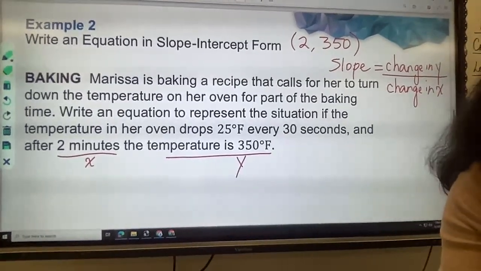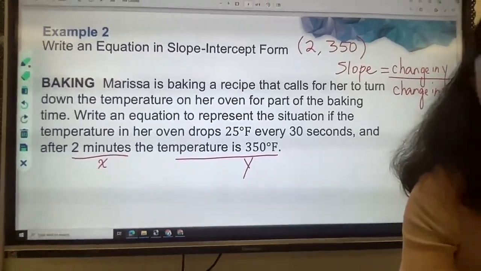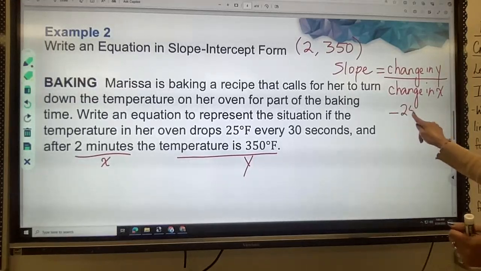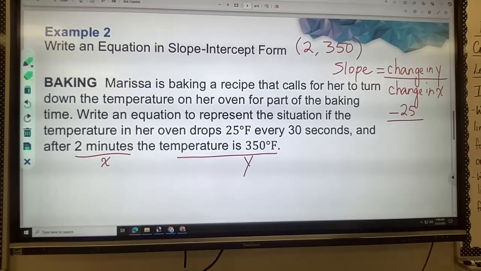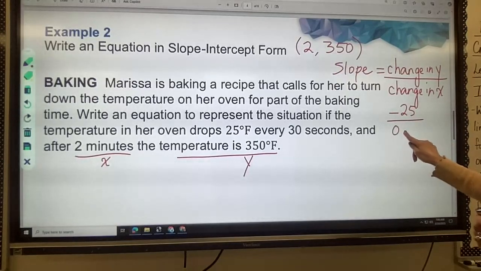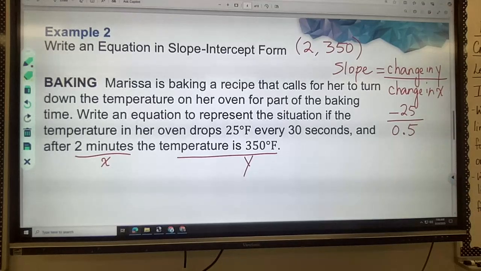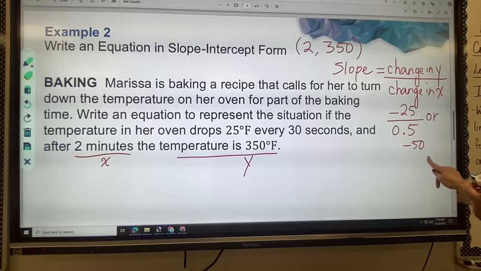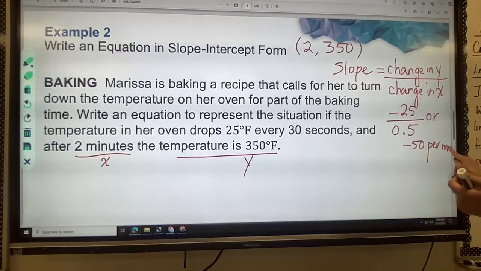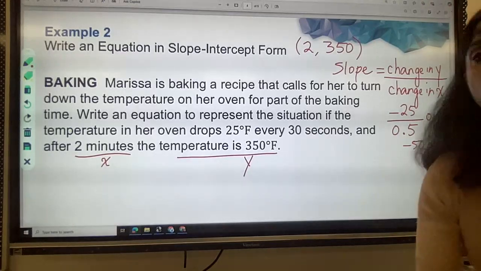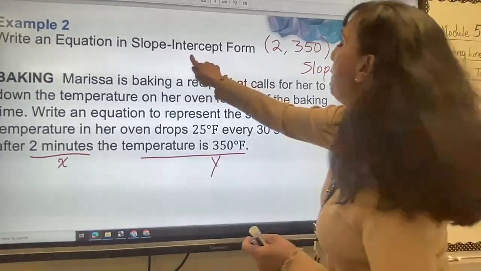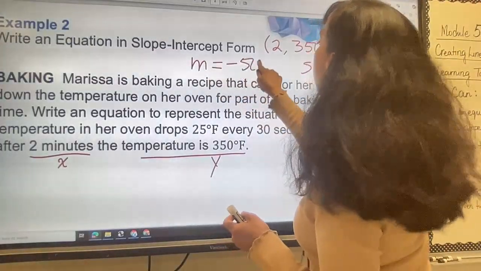So we are going to say negative 25 over 0.5, or negative 50 per minute. And so that means my slope is going to be negative 50. So m is negative 50.